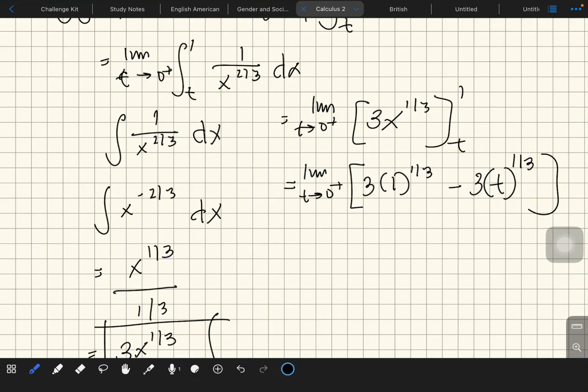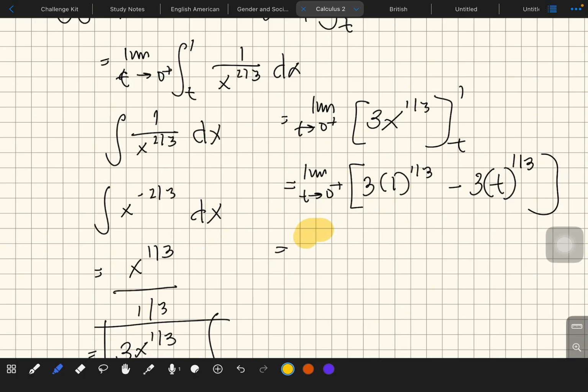Let's apply the limit. If you apply the limit, do not write the limit anymore because you already applied it.